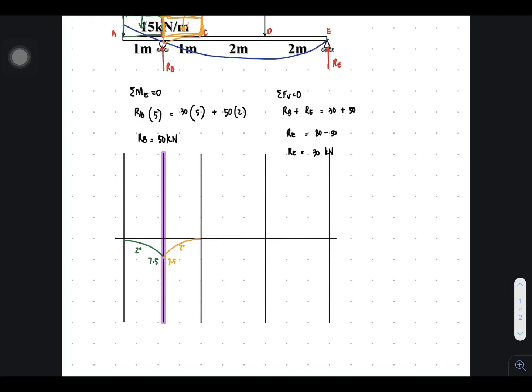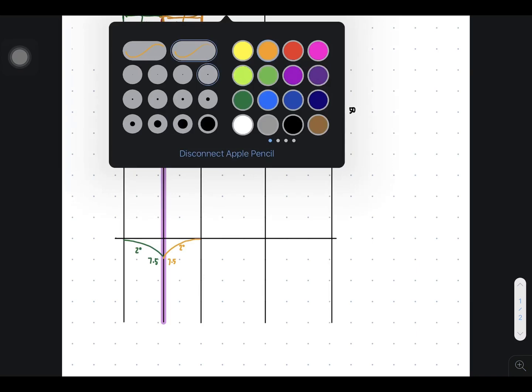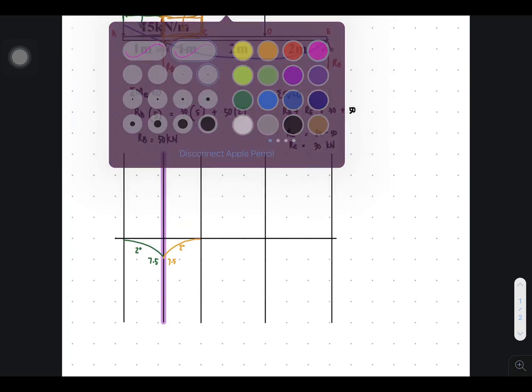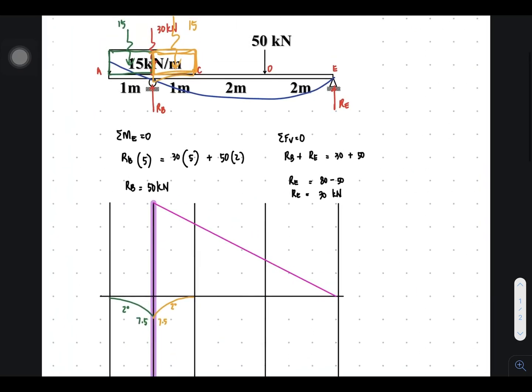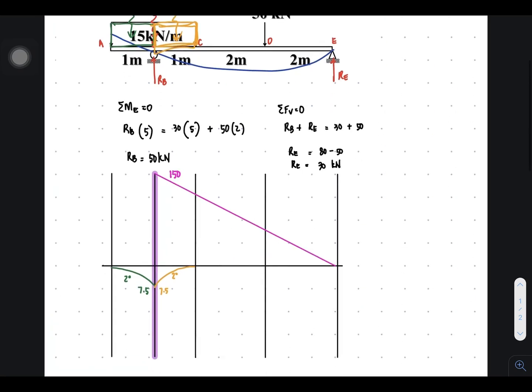Okay, and then there. And then let's proceed with the RE. RE, it's 150. So this is 30 times 5. So this is 150. And then this is at first degree.